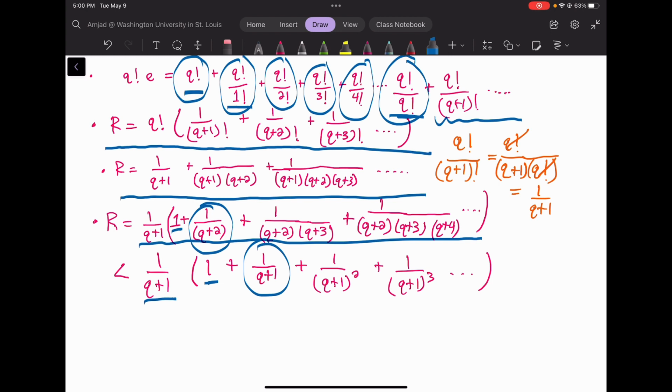So 1 over 2 plus 2, 1/4, is less than 1/3. And then the same thing for the next term. 1 over q plus 2 times q plus 3 is going to be less than 1 over q plus 1 squared. So going on and on, as this goes on to infinity and that goes on to infinity, this equation will always be greater than that equation.